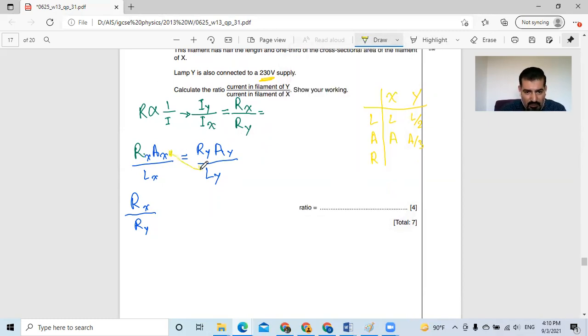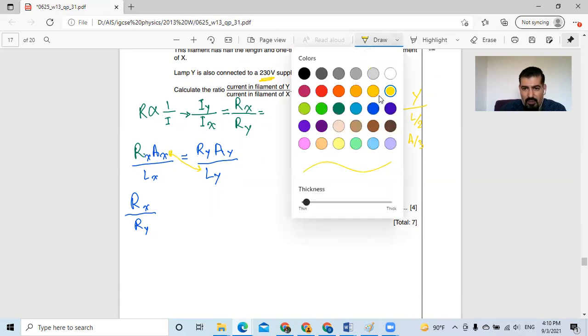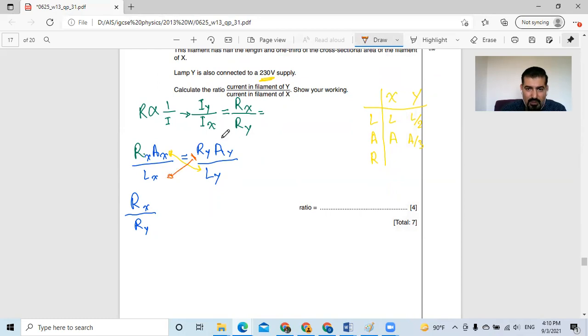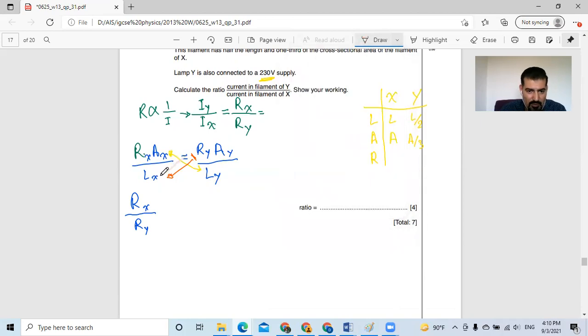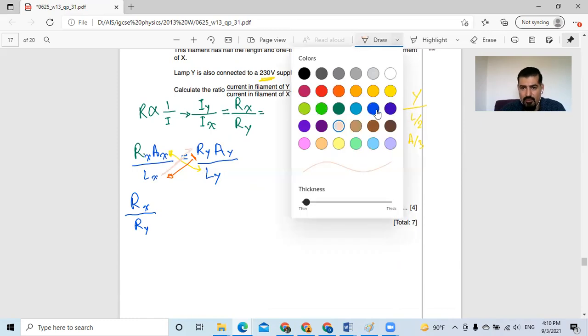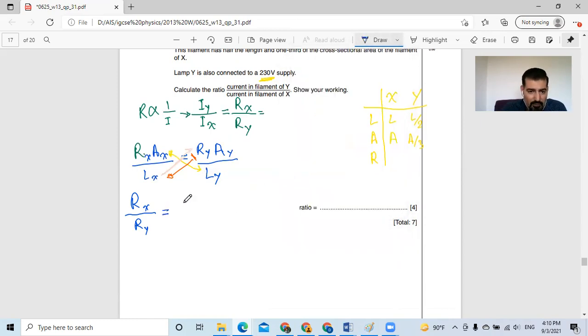We will move this cross-section area part to here, and we will switch this length to the other side like this. We can do partial cross multiplication, not a whole cross multiplication, and you will find out that we are talking about Lx Ay, Lx I put it here, multiplied by Ly over what?